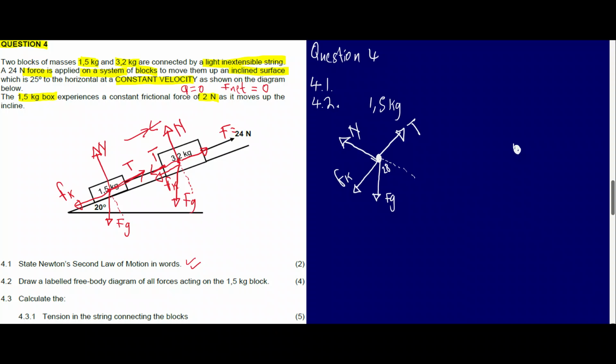This angle here is going to be 25 degrees. We can also have another one here with the force F going up.